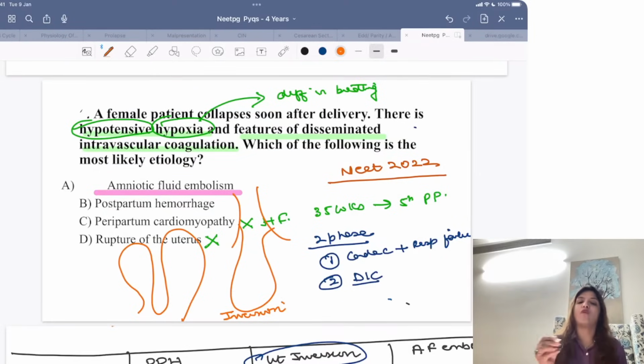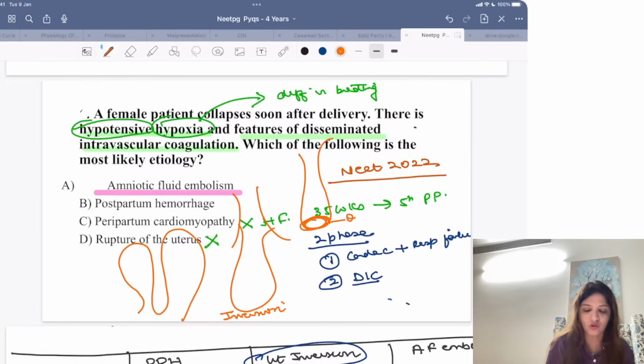In case of prolapse, it is the uterus along with the cervix which is coming out. It is not the fundus which is coming out, right? So in case of prolapse, you are going to see the uterus and you will see the os also there. So if os is visible in images, it is a case of prolapse. If os is not visible, it is a case of uterine inversion. Clear to all of you?